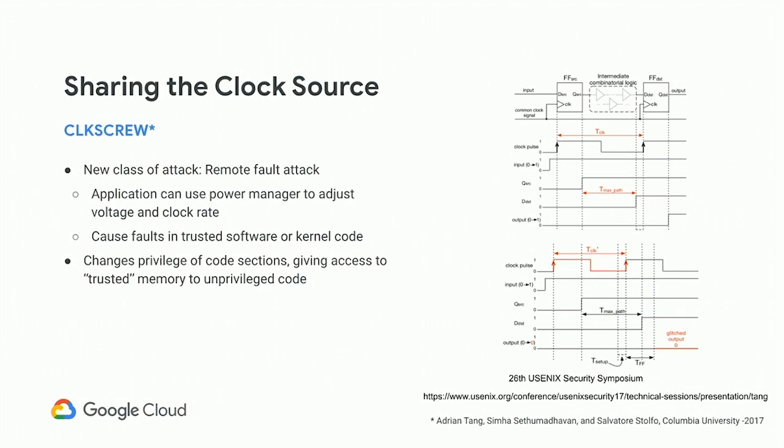Right. So looking at sharing the clock source, that's another piece of the system where you may want to share your power management or your clock source. This is an attack that is quite fascinating. CLKSCREW, which was mounted by Columbia University back in 2017, leverages the fact that pretty much all modern high-end processors have power management features that allow them to scale frequency and voltage as needed.